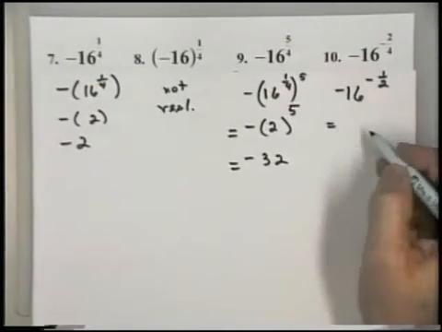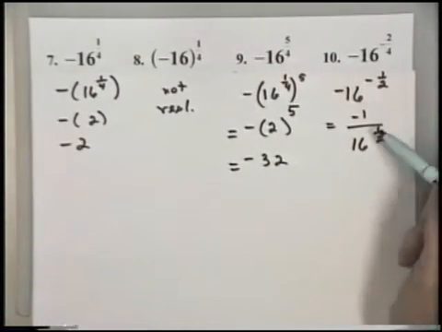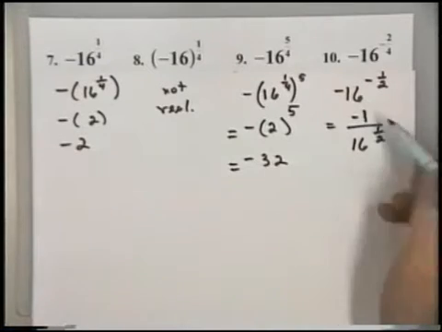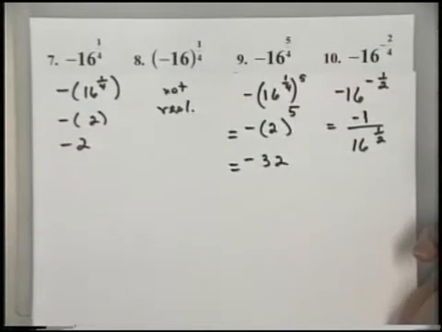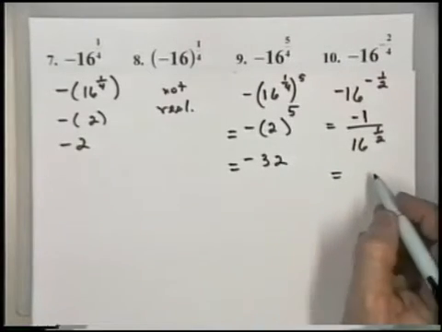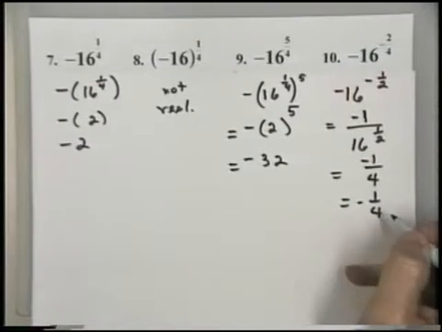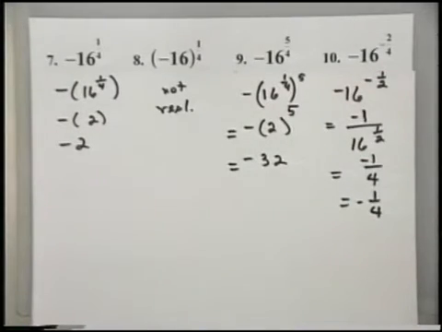And so that can be changed then to a negative 1 over 16 to the 1/2 power. Notice again that negative 1 actually stays in the numerator. And 16 to the 1/2 power is 4, or a negative 1/4.